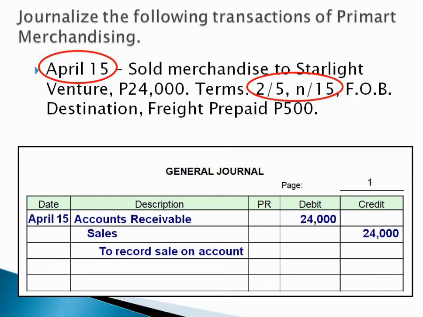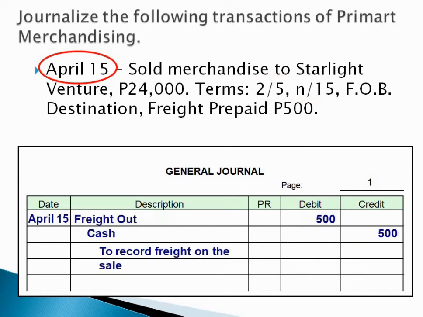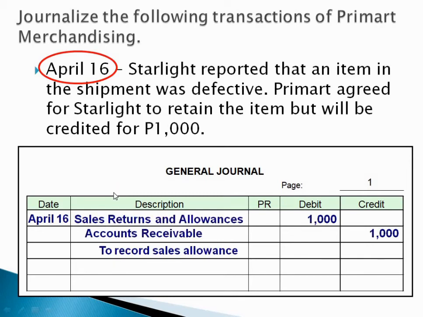The question is, how much was the balance of Primart's accounts receivable collected from Starlight on April 30? On the date of sale, we debited accounts receivable for 24,000. The freight related to the sale did not affect accounts receivable. But on April 16, we credited accounts receivable in the amount of 1,000.